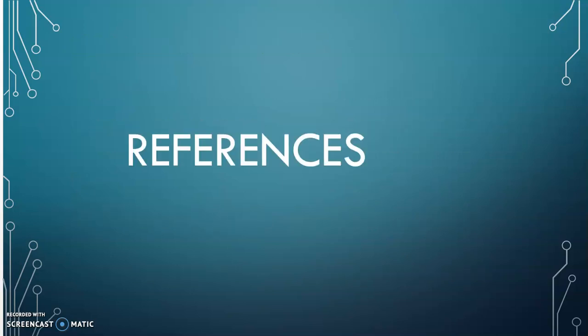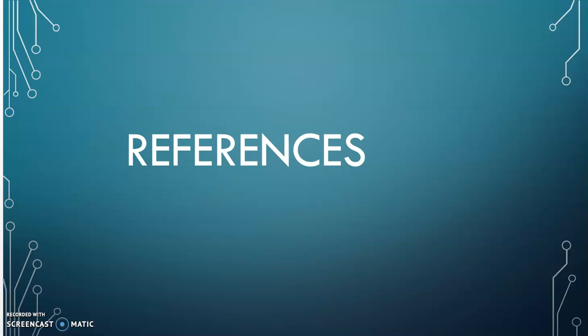Now coming to the last part, references. References are a very important part of your research paper. This shows whether you have actually read these papers or gone through these books or not. And this is also important because you need to show that you have taken things from here.